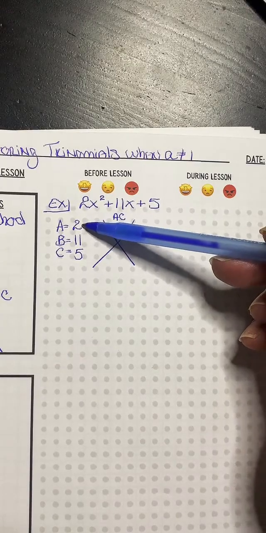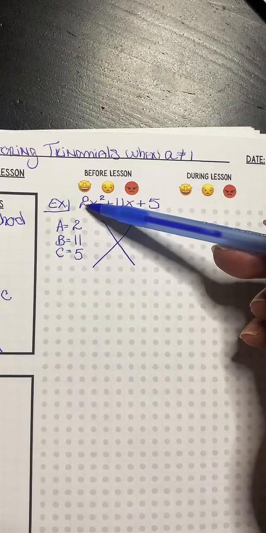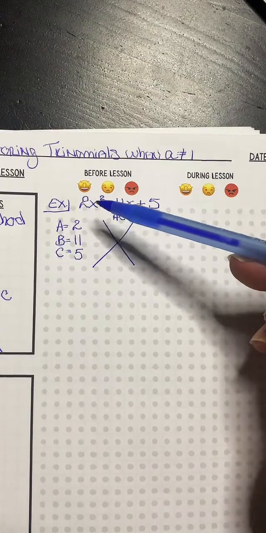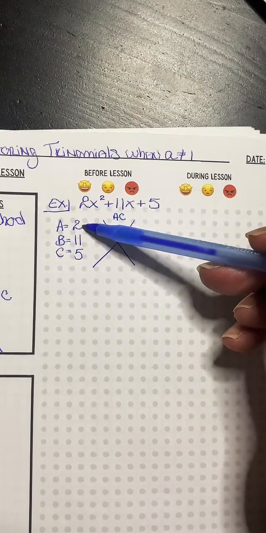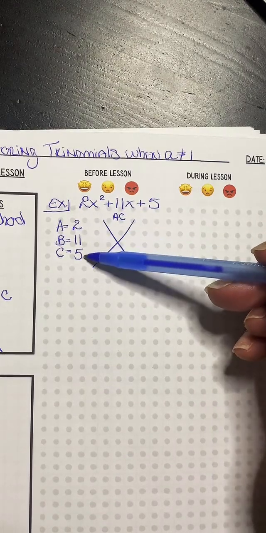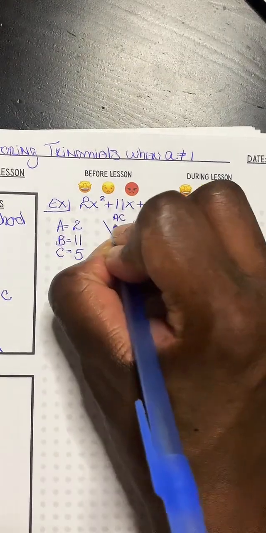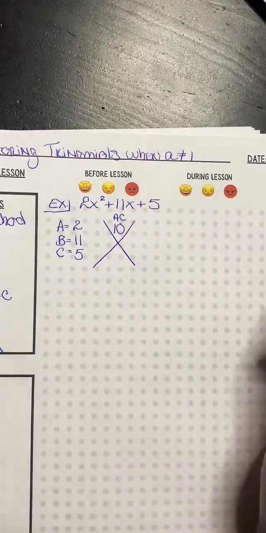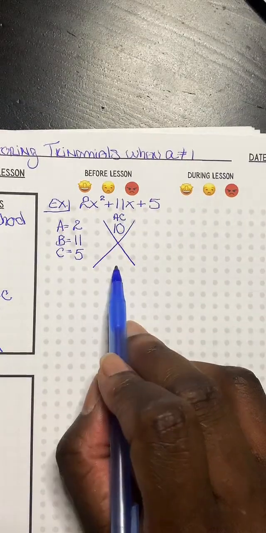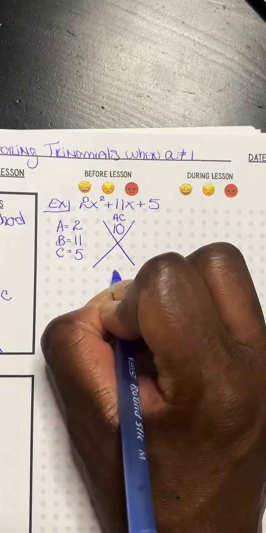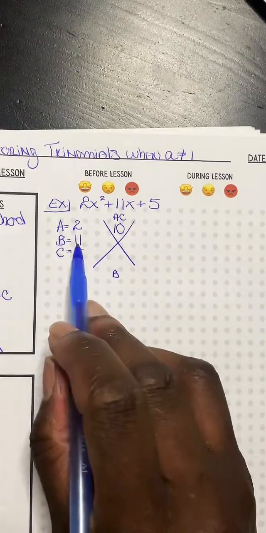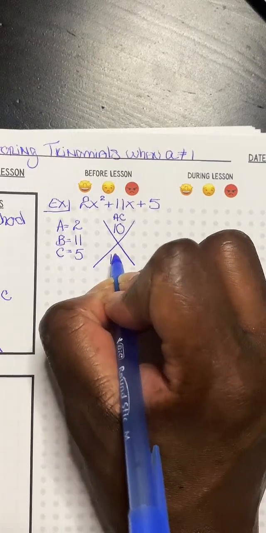But since we have a number, and it wouldn't matter if that number is positive or negative, that's the one thing I like about the AC method. So you have 2 times 5. That gives me 10. And then down here, we're going to write our B. Our B is the 11, just like what we did before.